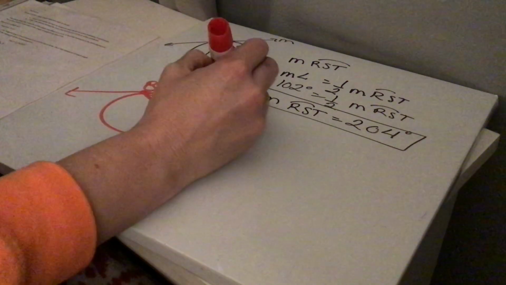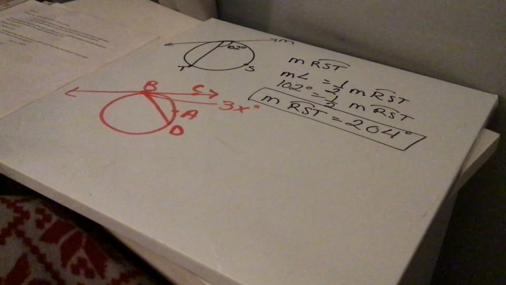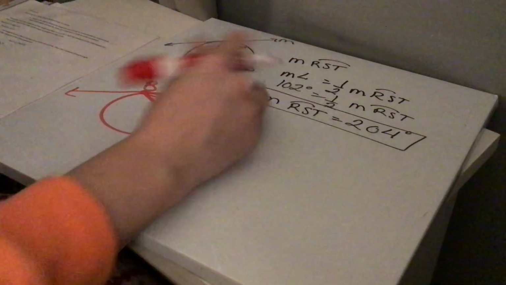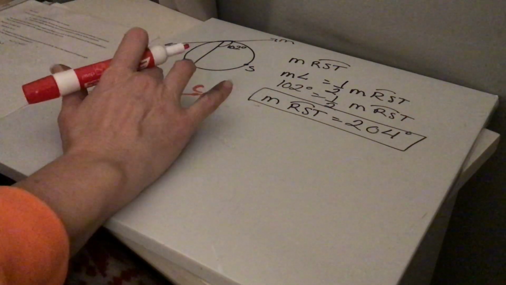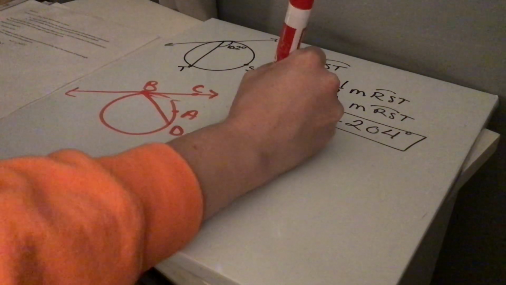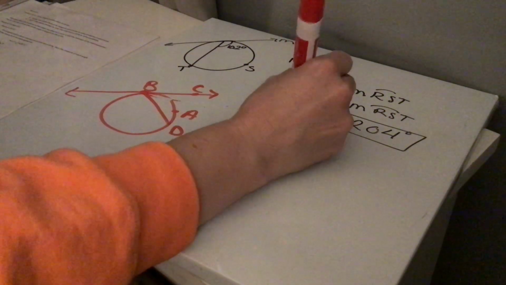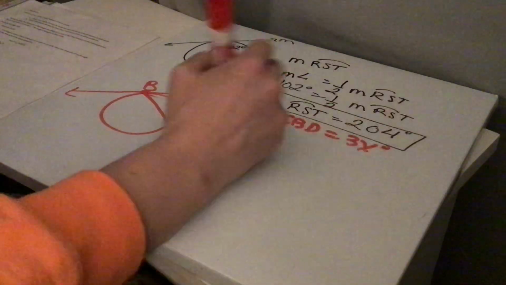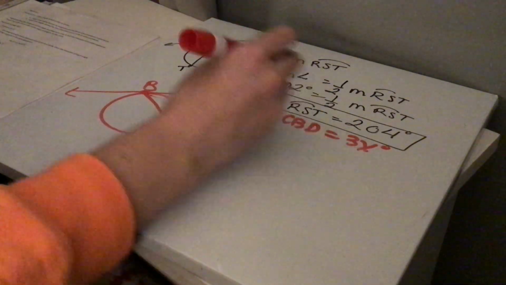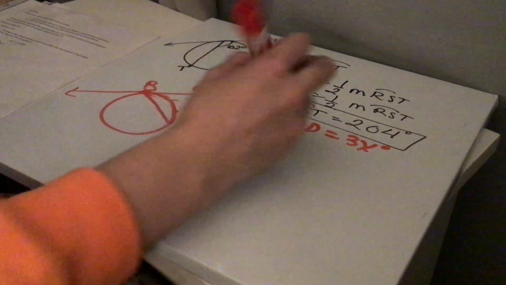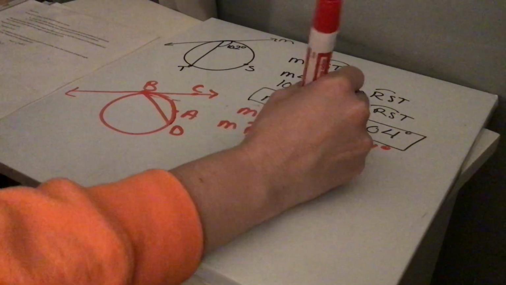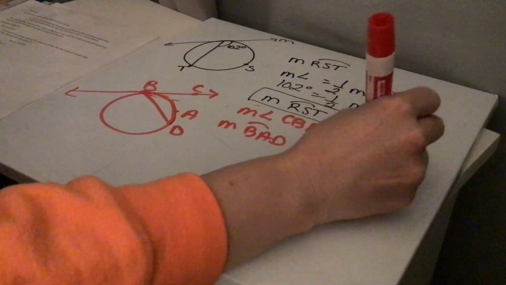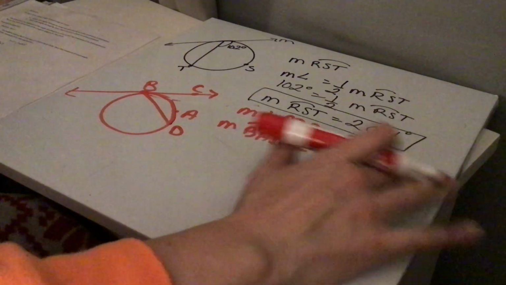We're going to say the measure of angle CBD is 3x degrees, and the measure of arc BAD is 4x plus 50.